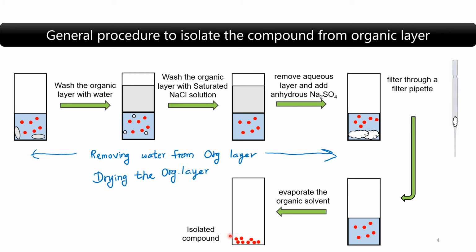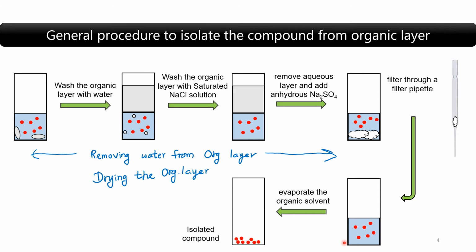And by that we're able to isolate our compound. All of these drying steps are very important because if we had any traces of water left in this organic layer, it's going to take a long time for this to evaporate because water boils at 100 degrees Celsius.